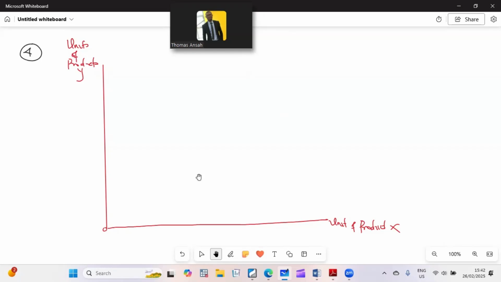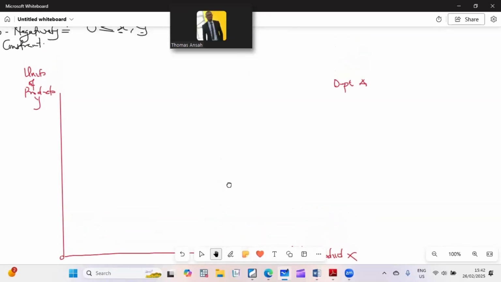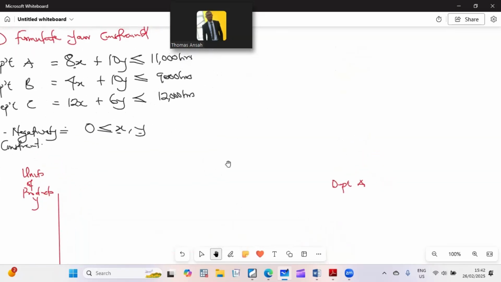Let me work them somewhere here. Department A, for example. What is our constraint? Our constraints were that we have this.